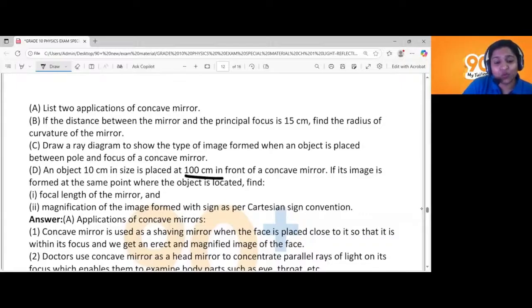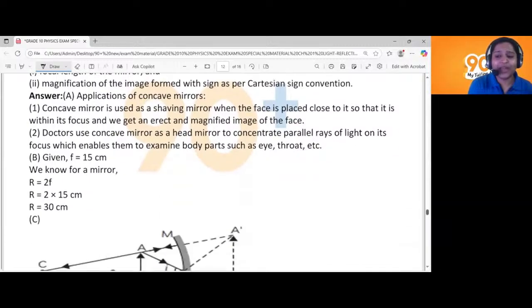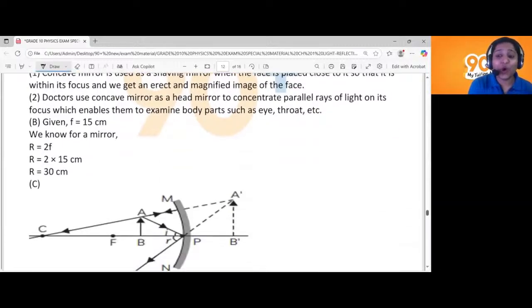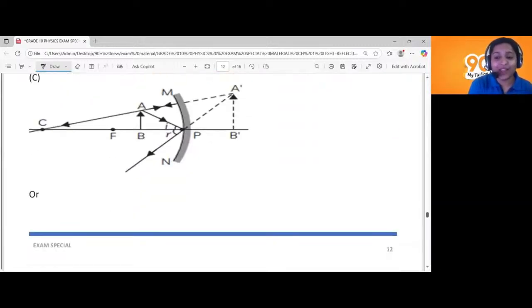It is a distance u equal to negative 100 centimeter. If its image is formed at the same point, this is the question. Very interesting question, but the answer is very simple.